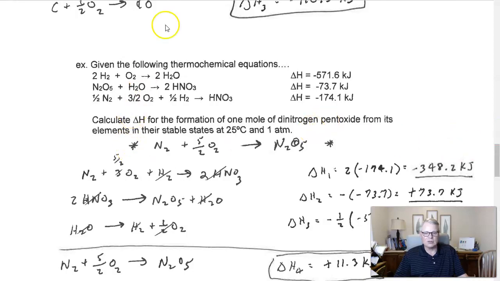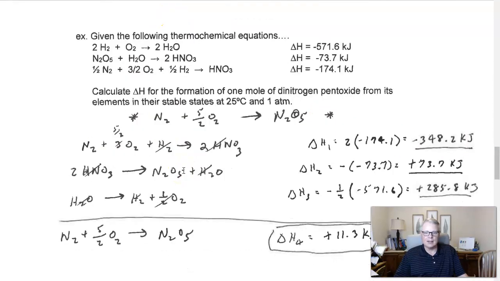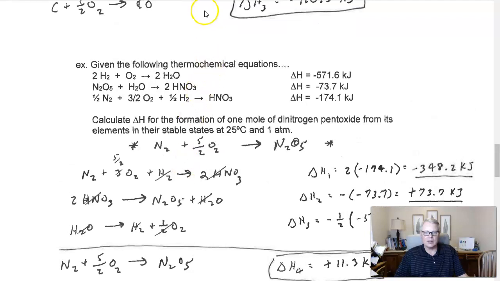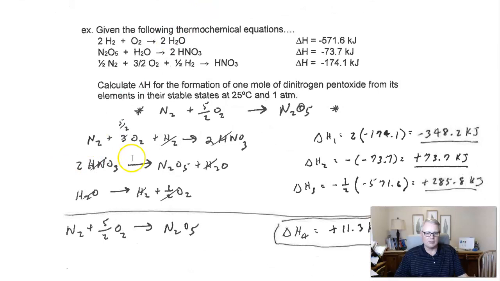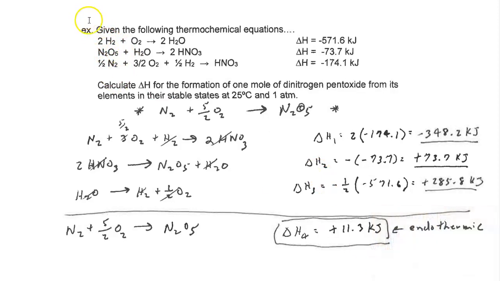All right, so let's give it a shot. Given the following thermochemical equations, there we go, a little easier. Okay, so I got 3 of them here. 2H2 plus O2 goes to 2H2O, delta H negative 571.6.